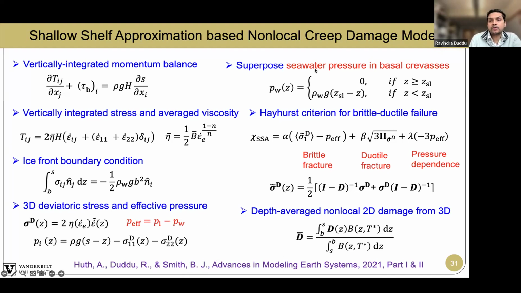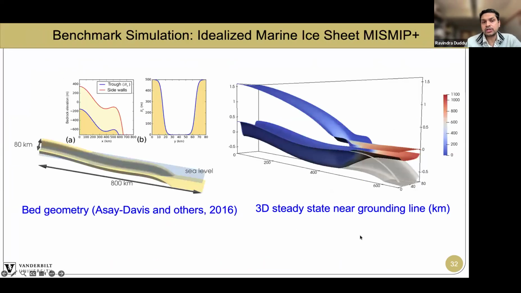And the important point I want to say is we include seawater pressure in basal crevasses through a parametrization introduced by Keller and Hooter in 2014. And then we also use this creep damage model that also takes into account the brittle and ductile types of fracture processes that can happen in ice. And then we depth integrate the damage to put damage into the shallow shelf.